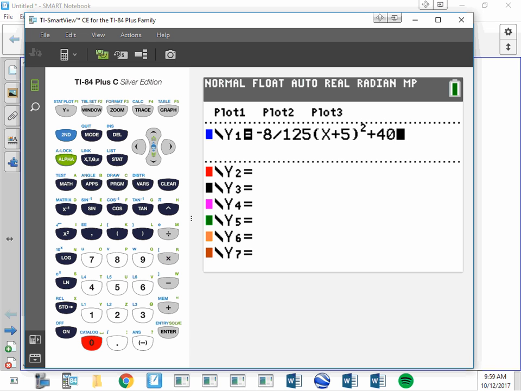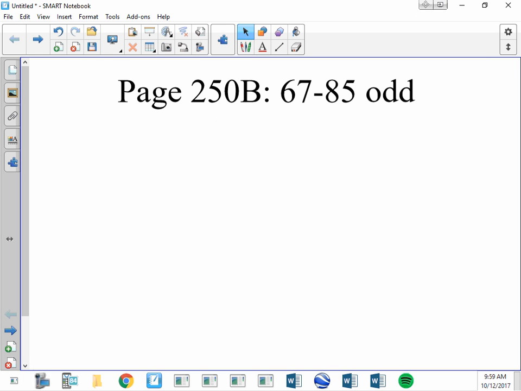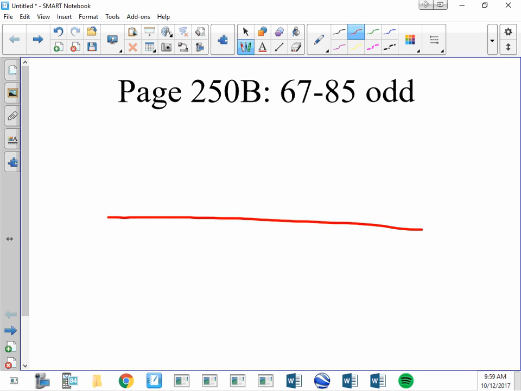So let me show you what that means. So we have this, and this right here, 0, is the 50-yard line. Okay, so what should I choose for my window? 20 is probably not going to be enough. -50 to 50.